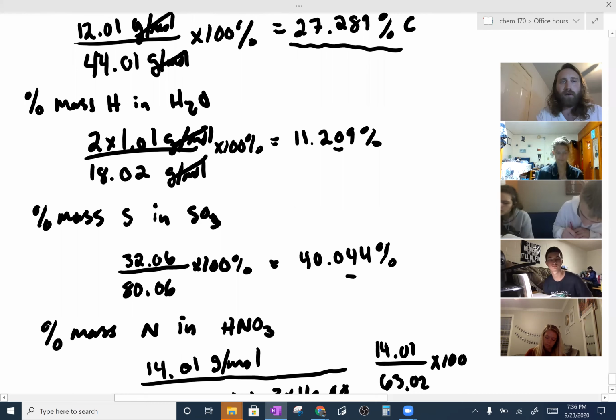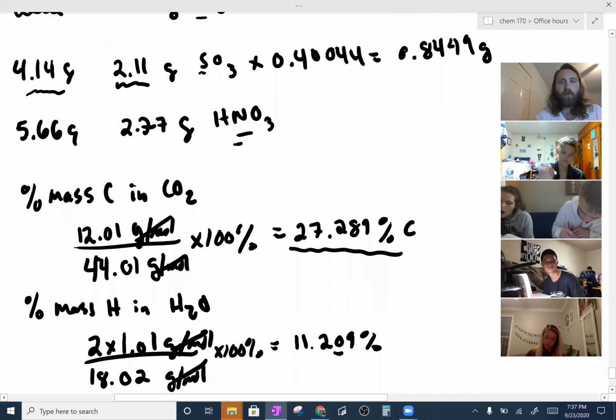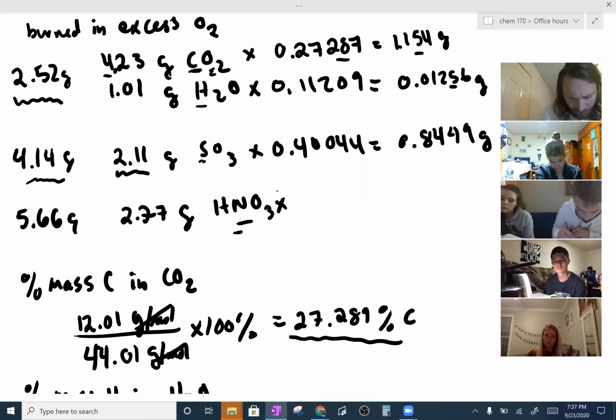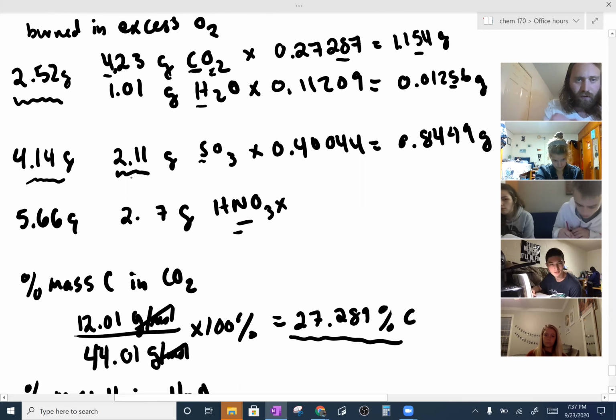So we go up here to the experiment where we got the nitric acid, and we multiply it by its decimal. So this 2.27 grams.